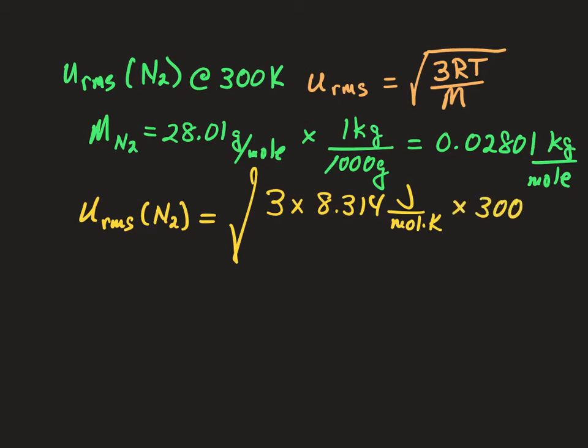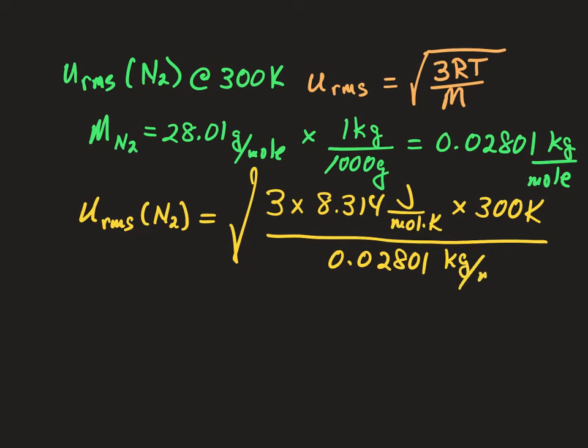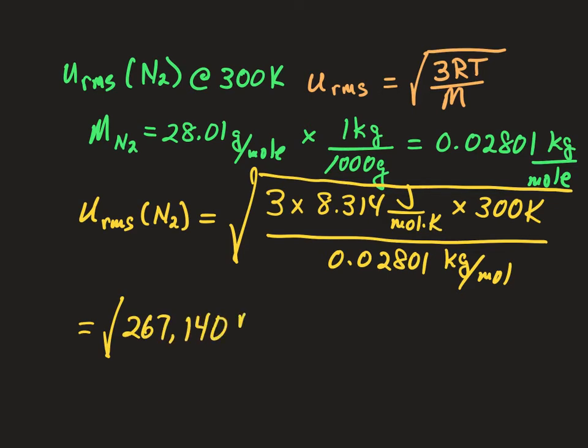Times 300 Kelvin divided by 0.02801 kilograms per mole, right? And if we do all of that, we've shown that the units cancel, so we get the square root of 267,140, and that's meters squared per second squared.